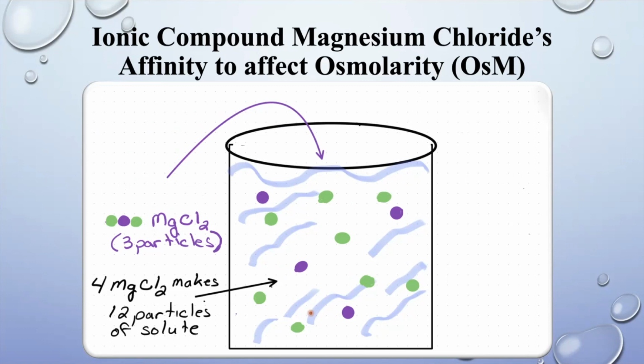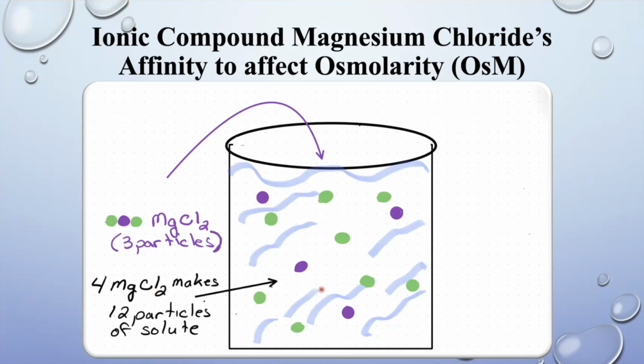All right, so let's go to the next one, and that's going to be magnesium chloride. Magnesium chloride is going to break into 3 particles. The reason why is 1 magnesium, 2 chlorine, boom, boom, boom, you throw them in when they break apart. So if I were to throw in 4 magnesium chloride compounds, that is going to dissociate into 12 solutes, right? 1, 2, 3, 4.